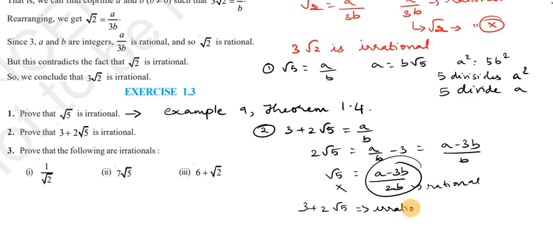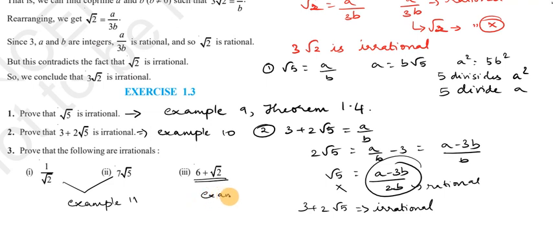So for writing the steps, I want you to refer to example 10. Okay. Likewise, you will have to do for this. For examples 1 and 2, you can refer to example 11, which we discussed just now. And for this, it's something similar to your example 10 and your exercise 2.